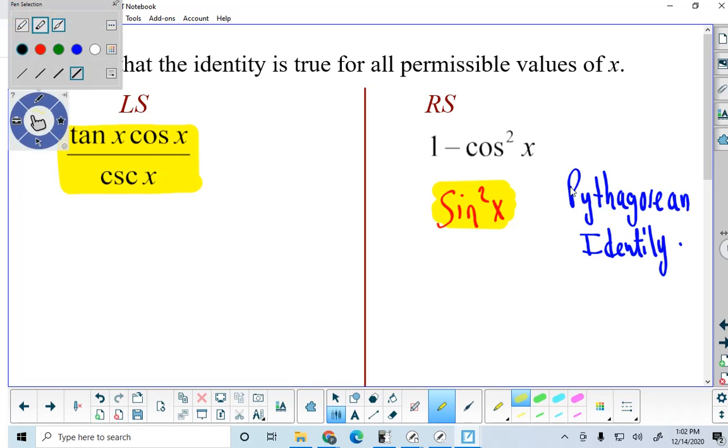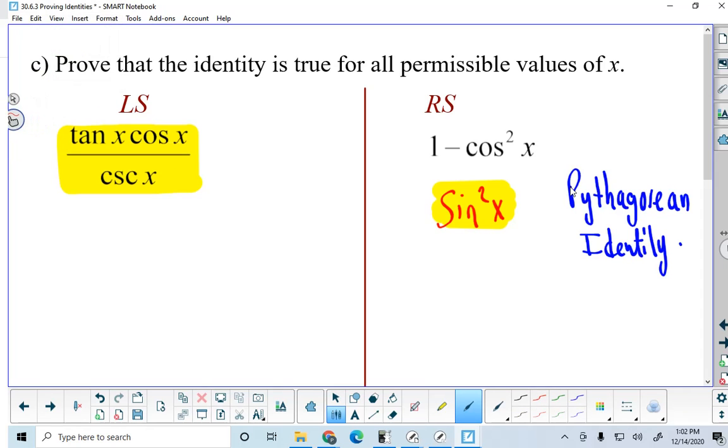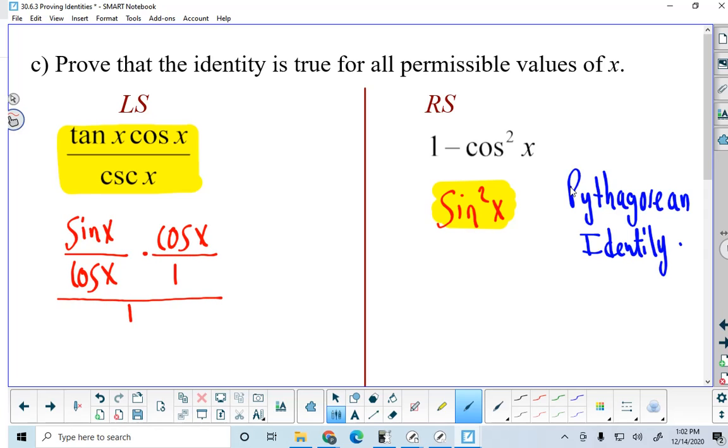So let's rewrite everything in terms of sine and cosine. Tan is sine of x over cosine of x, multiplied by cosine of x. Now look very clearly at how I did this. And it's over cosecant, which is 1 over sine of x.